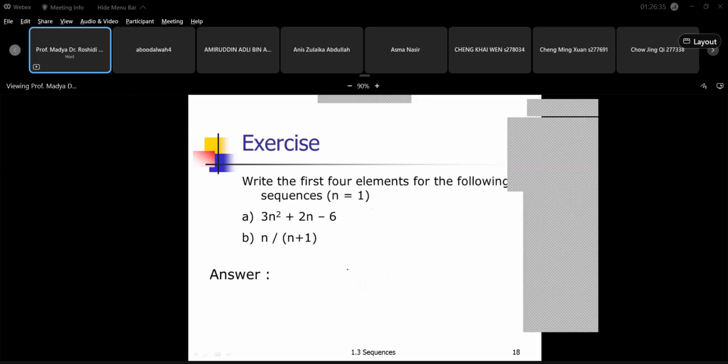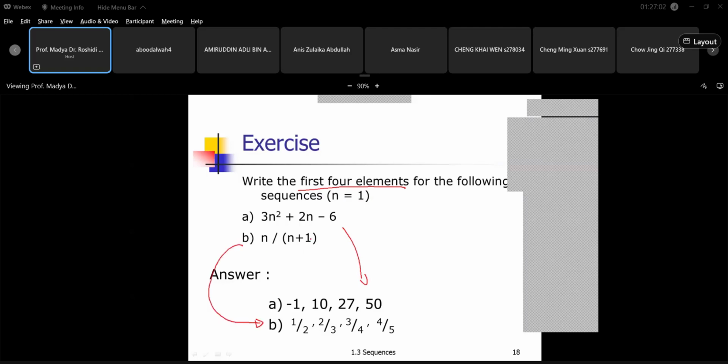Exercise. Okay, I hope you can do this exercise. The exercise is already given the answer, but try to find the way how we get this answer. Write the first four elements for the following equation where n equals 1. Try to get how we get this answer from this question.